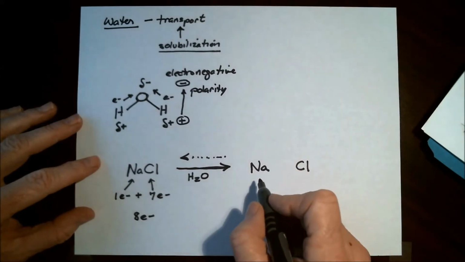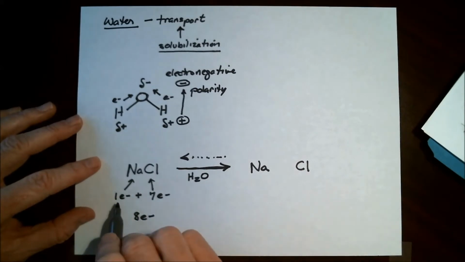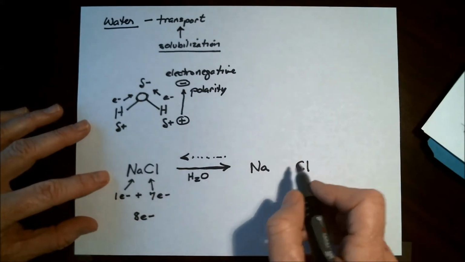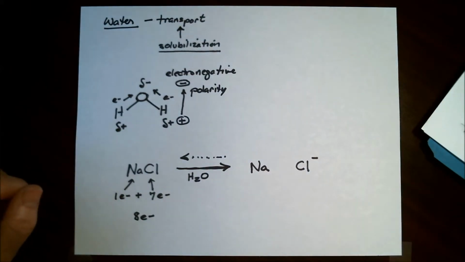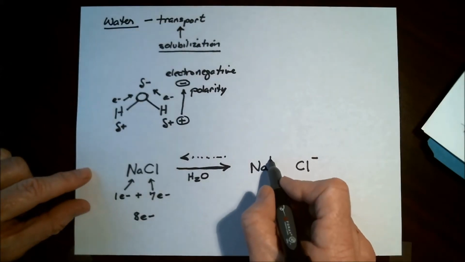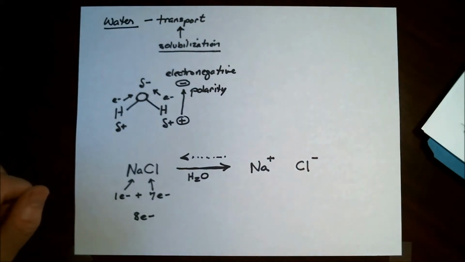Now, when this happens, the electron from the outer valence shell of sodium is going to be taken by chloride to give a negative charge, and losing 1 electron is going to impart a positive charge on sodium.